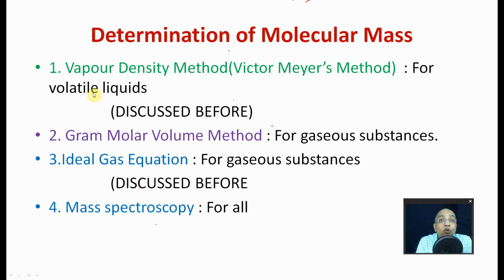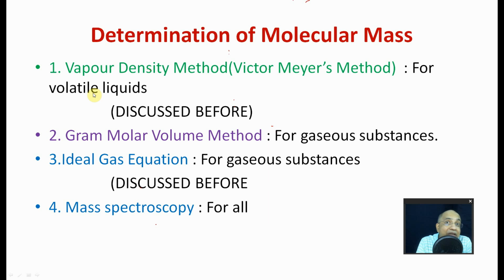But for all others, mass spectrometry, the one which we discussed for determination of isotopic mass, is also applicable for determining the molecular mass of different compounds and even elemental molecules like N2, O2, like that.